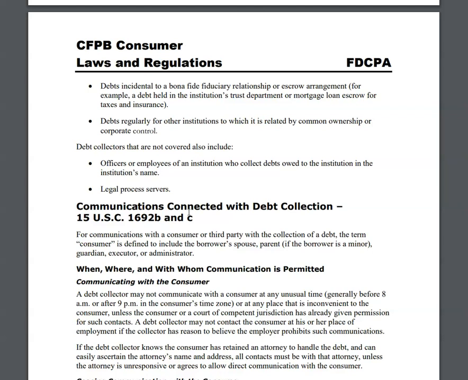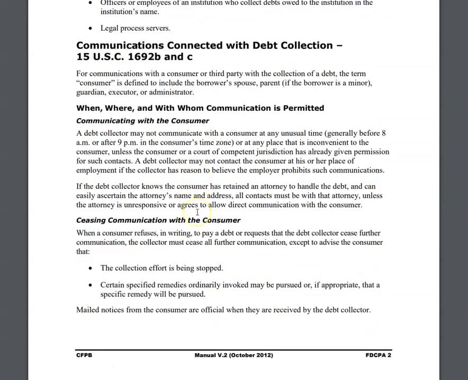Debts regularly collected for other institutions to which it is related by common ownership or corporate control. And then debt collectors that are not covered also include officers or employees of the institution who collect debts owed to the institution in the institution's name. Legal process servicers also don't fall under that regulation.